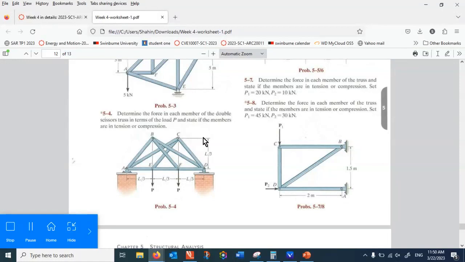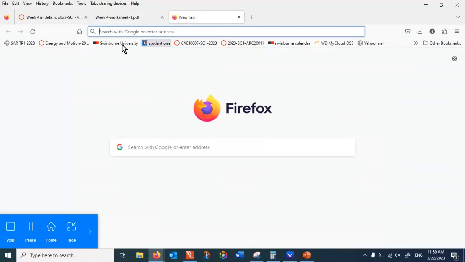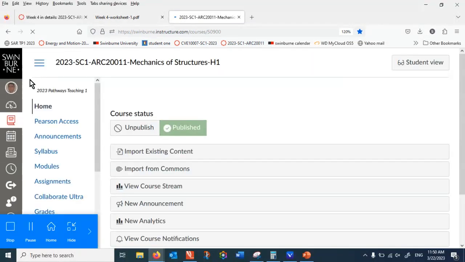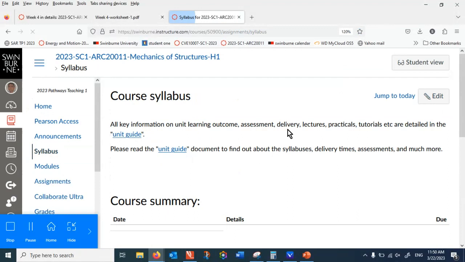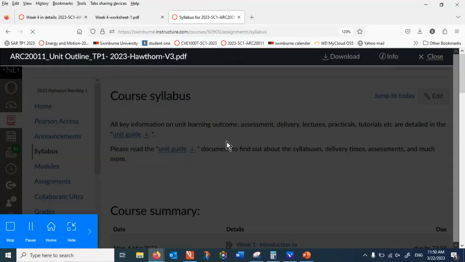You want a break? Because we're gonna have break 17, 16 April. So when do we start exam? I have to check the timetable. Let me check this together. All right. So here, you go to the syllabuses, and here that is your unit guide.